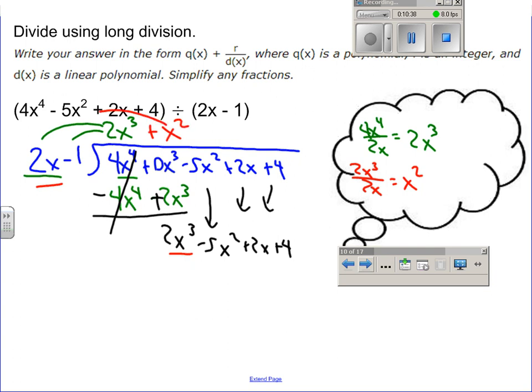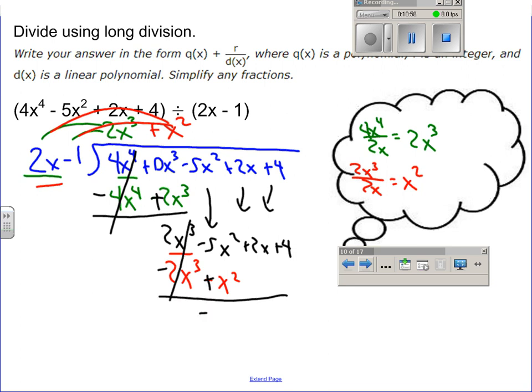Now we multiply that back by both. Oop, I don't mean to cut through that, but that's okay. So we get 2x cubed, and then x squared times negative 1, minus x squared. So change, change, add down.